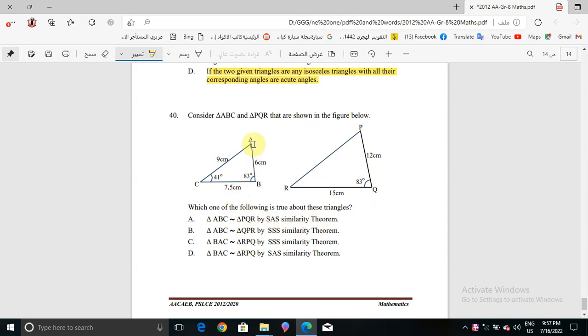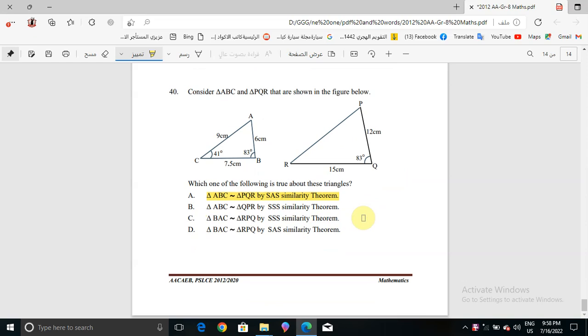Why? Because here we have a side and here a side, we have here a side and here a side. We have here an angle and here an angle. So that means side angle side similarity. So choice A is the correct answer for question number 40.